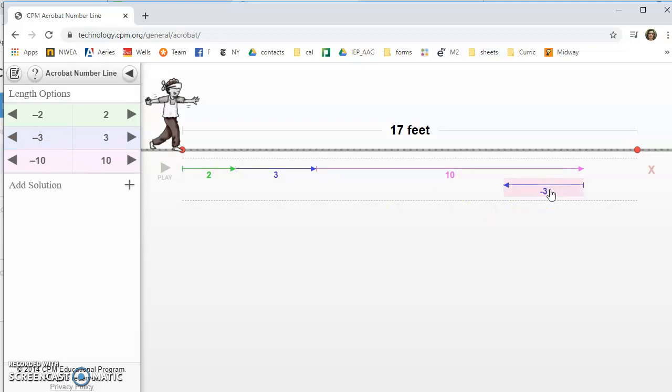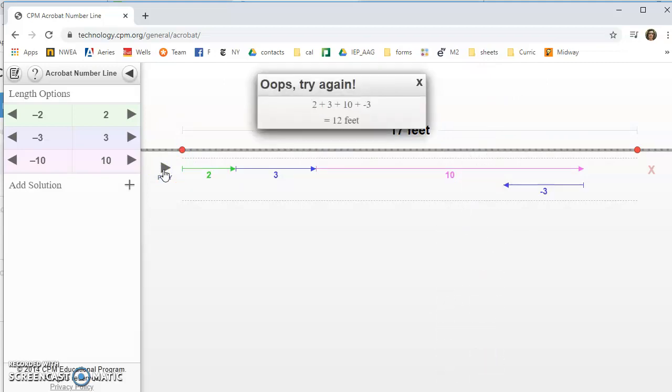So when I subtract that negative, what happens to Cecil? Well, with the -3 in there, he ends up being at 12 feet. Let's play it with the -3 in there. So he's at 12 feet.